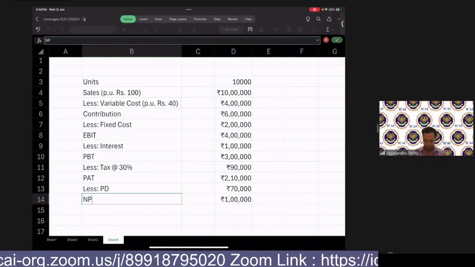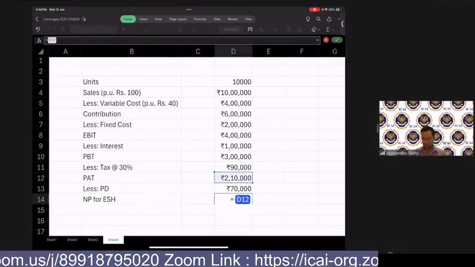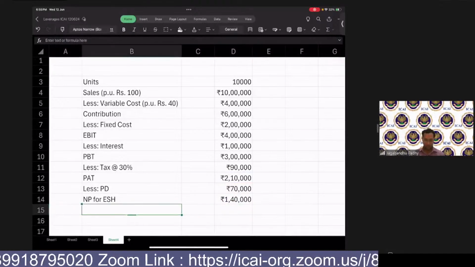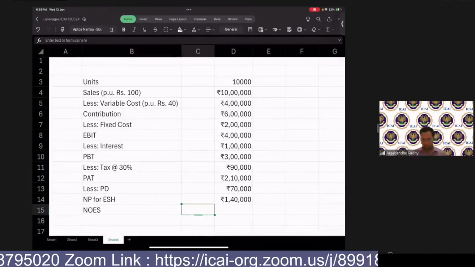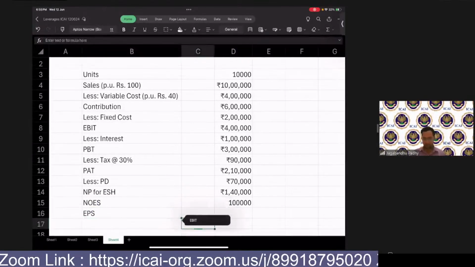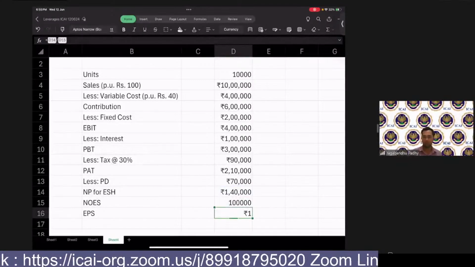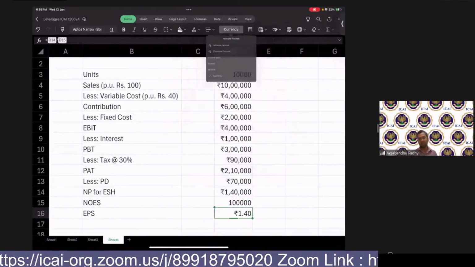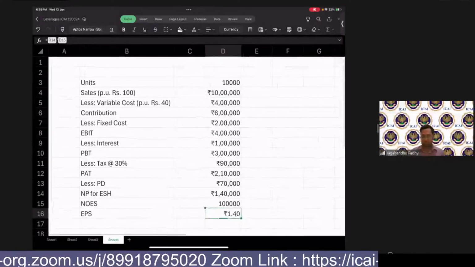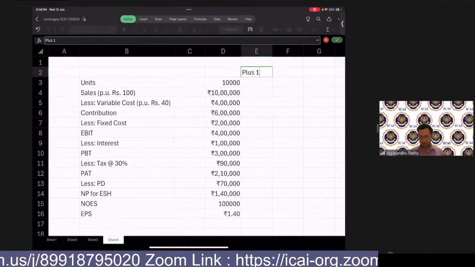What we have is net profit for equity shareholders as 1 lakh 10 minus 70, which is 1 lakh 40,000. Then if you divide it by the number of equity shares which we had, 1 lakh, our EPS is going to be 1.4.